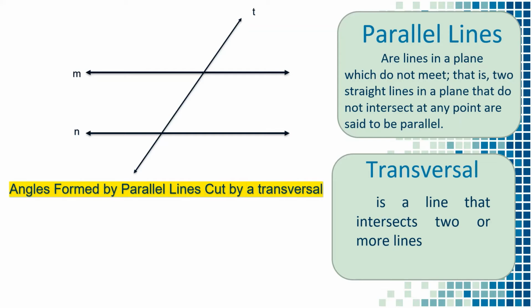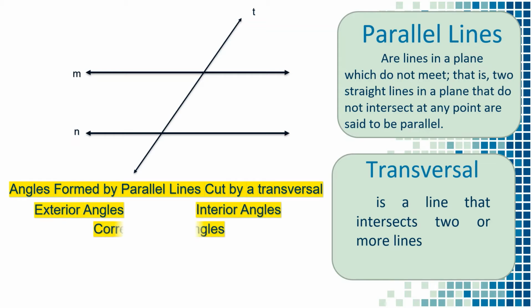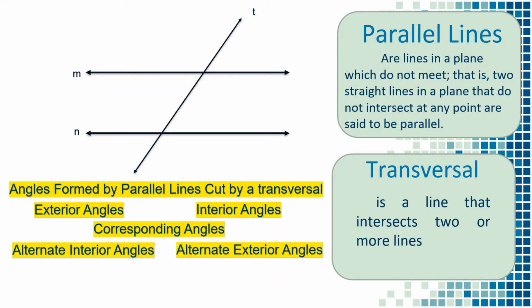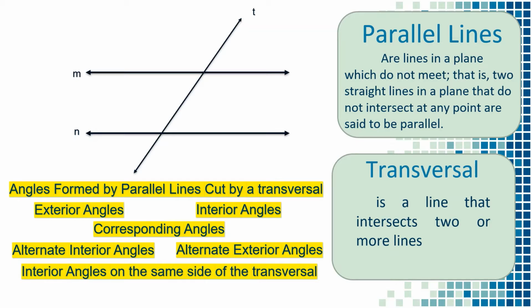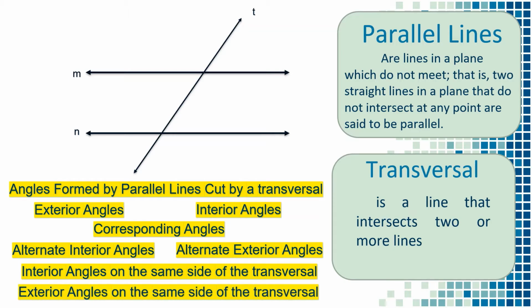In parallel lines cut by transversal, we have pairs of angles formed, and these are exterior angles, interior angles, corresponding angles, alternate interior angles, alternate exterior angles, interior angles on the same side of the transversal or what we call same side interior angles, and exterior angles on the same side of the transversal or same side exterior angles.